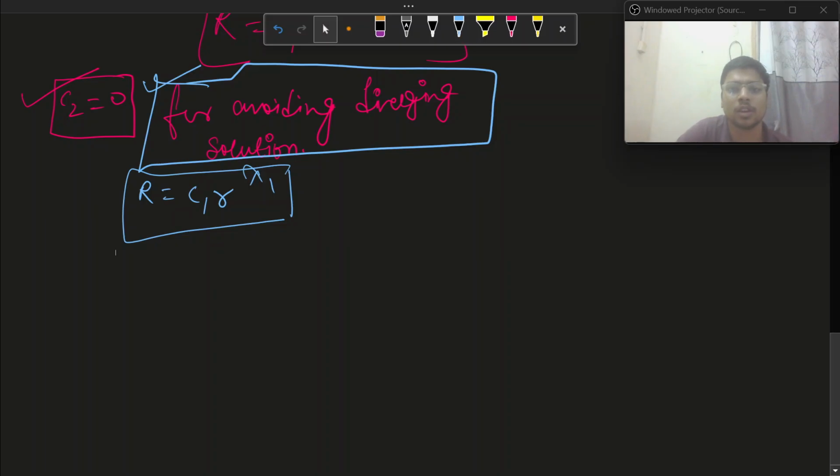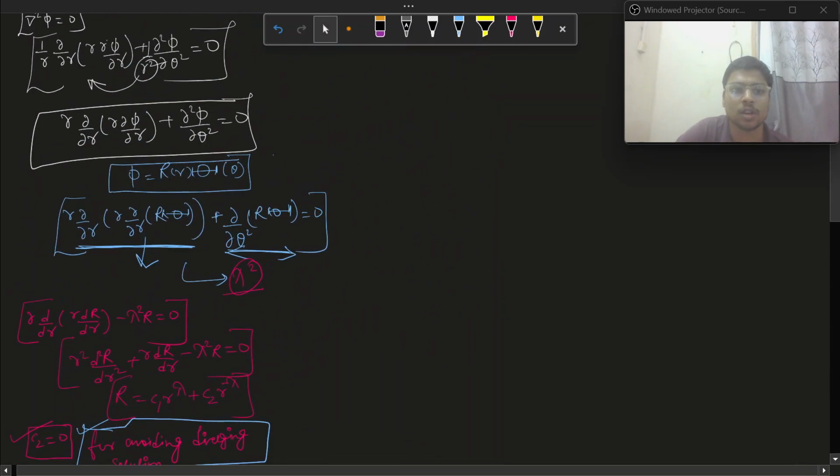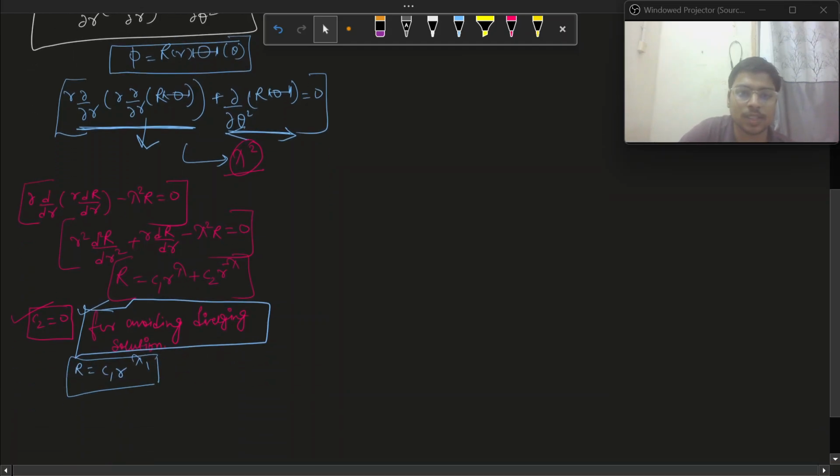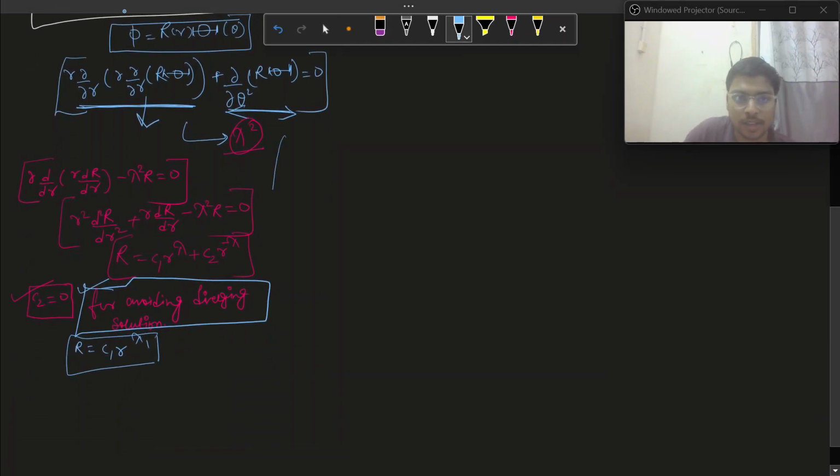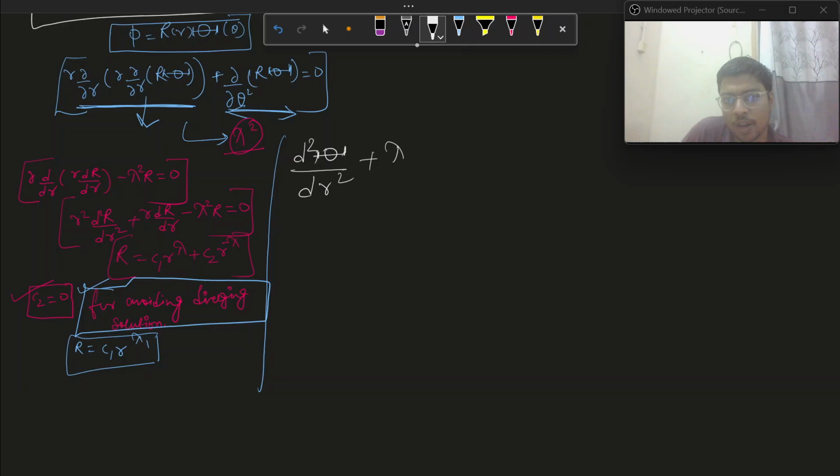Now if we take the second case, d squared Theta by d theta squared plus lambda squared Theta is equal to 0.